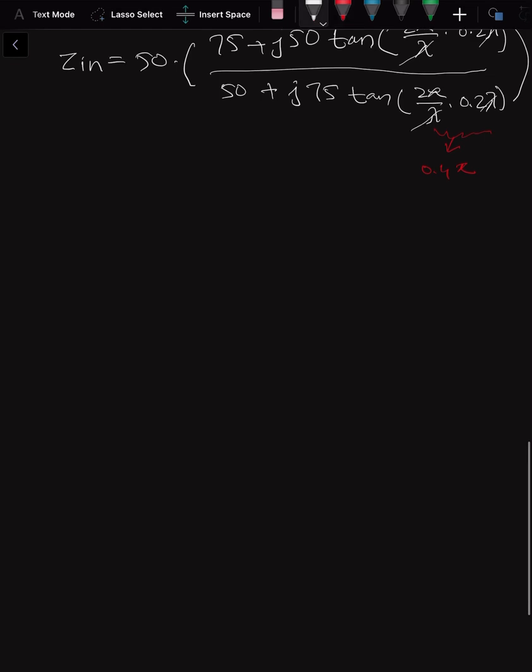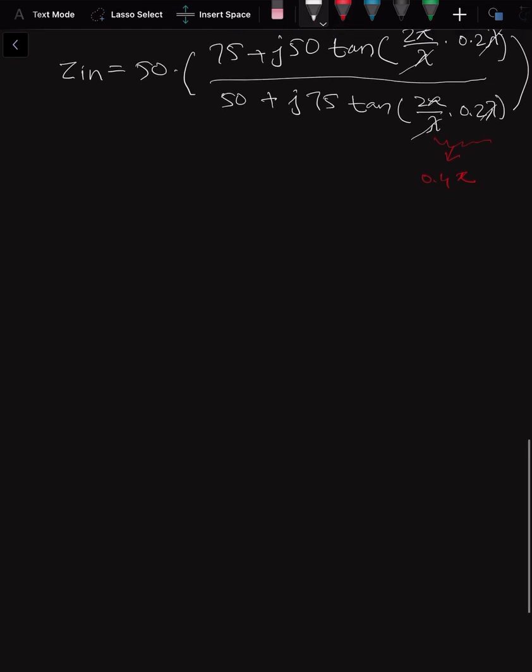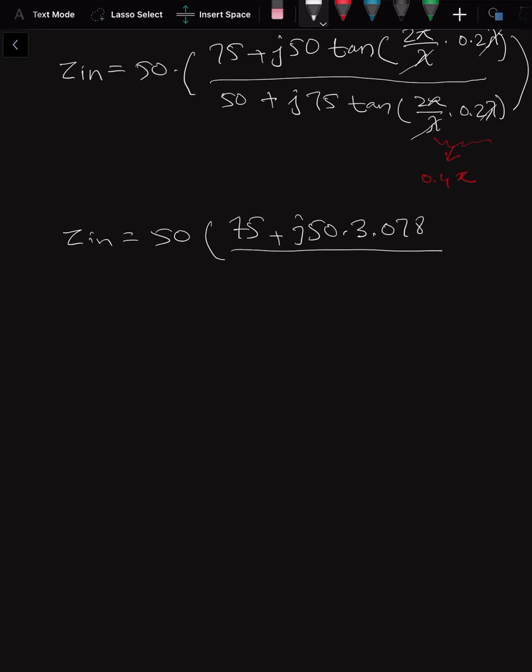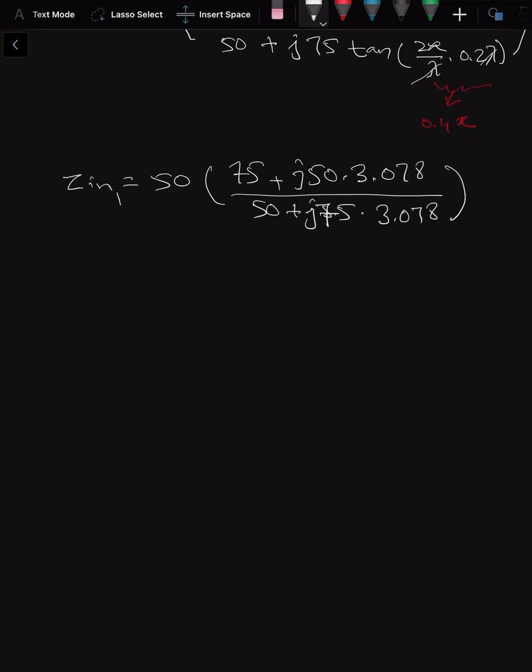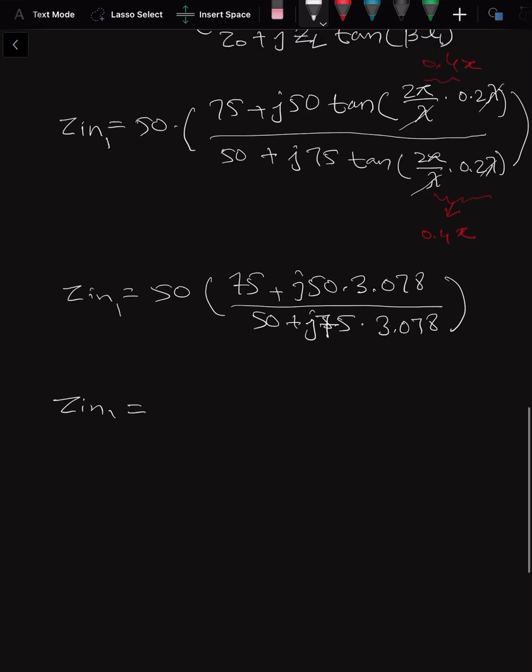Using the calculator, the tangent of 0.4 pi is 3.078, in the numerator: 75 plus j50 times 3.078, and the same in the denominator. I'm sorry, these are all Zin1s.